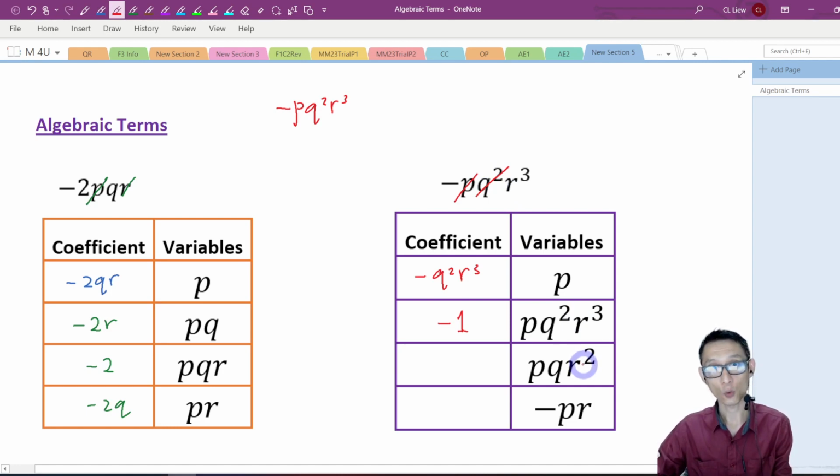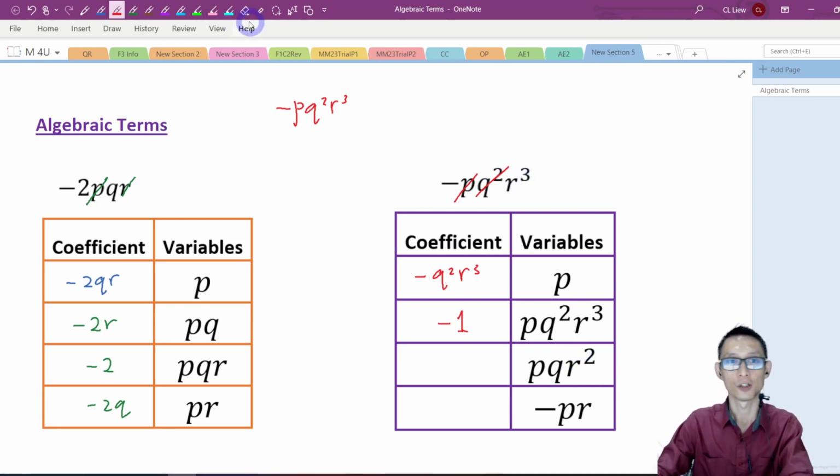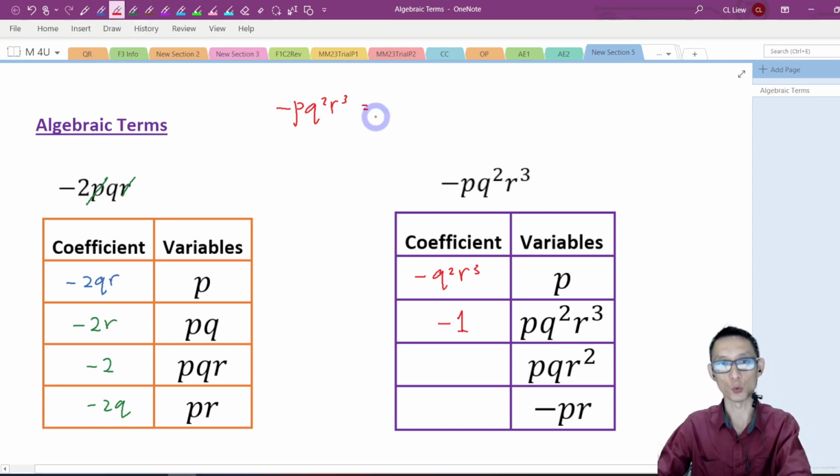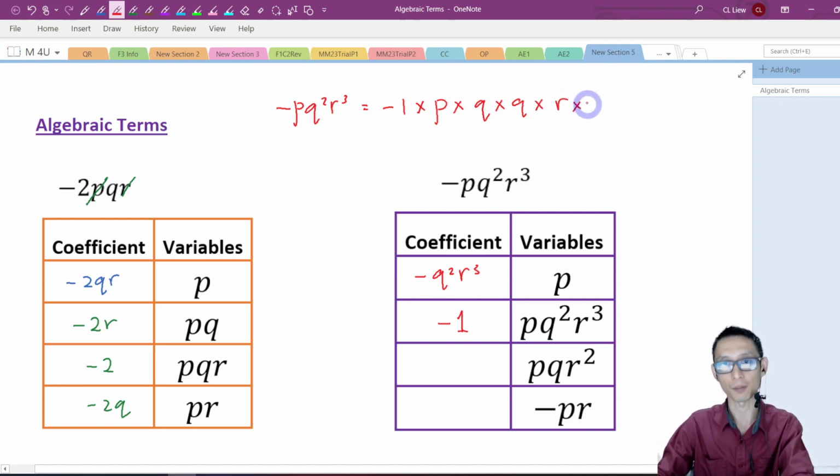This is R squared. This is R cube. So I would suggest you in this situation, let me write it in this way first. Negative 1 times P times Q times Q times R times R times R. Okay, so negative 1 P Q squared R cube.